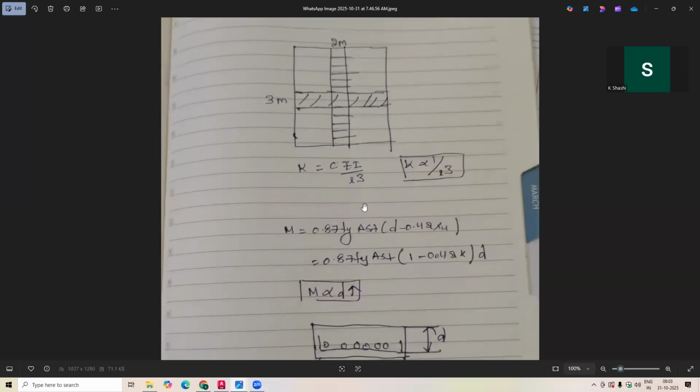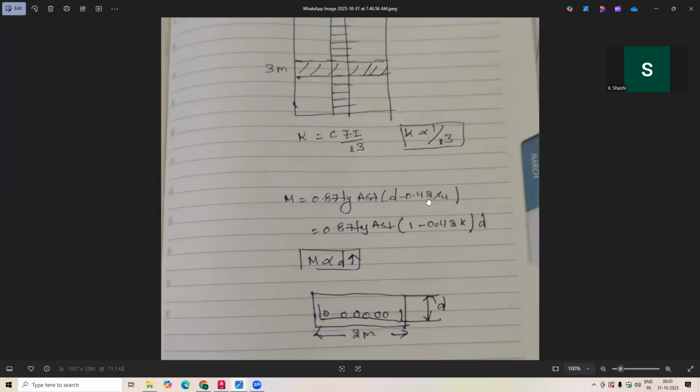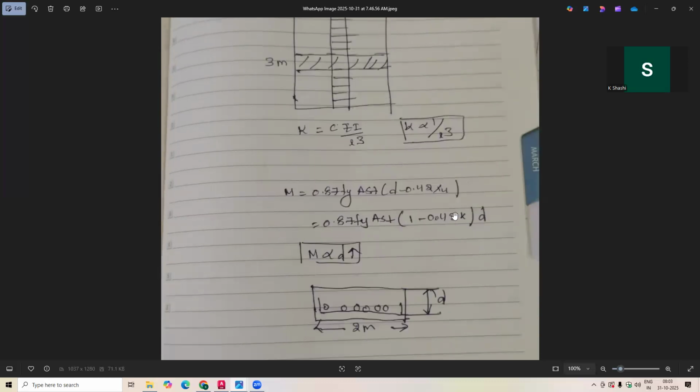From RCC, we generally study the basic equation for moment of resistance: 0.87 Fy Ast into d minus 0.42 Xu. I hope all of you know this formula. If you write Xu in terms of a constant K into d, the moment of resistance directly depends on the effective depth.